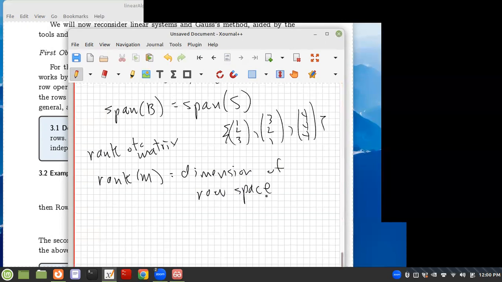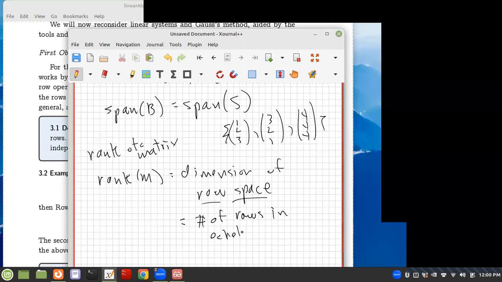We have row space, and the dimension is just the number of vectors in a basis, right? So you can see that the rank of the matrix is just the number of vectors, which equals the number of rows in echelon form of the matrix.